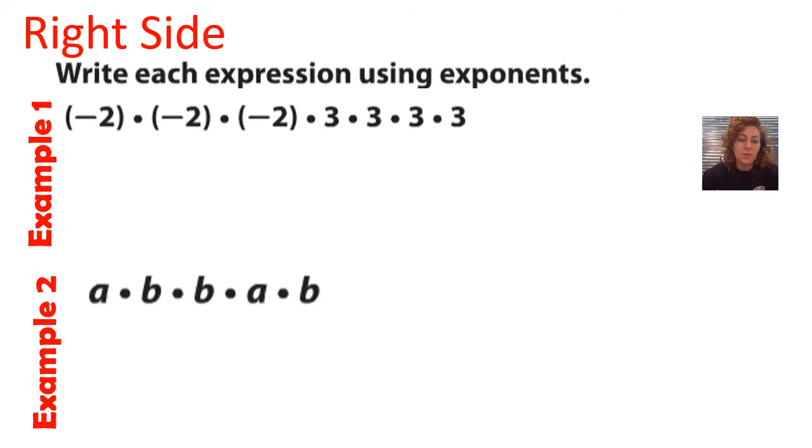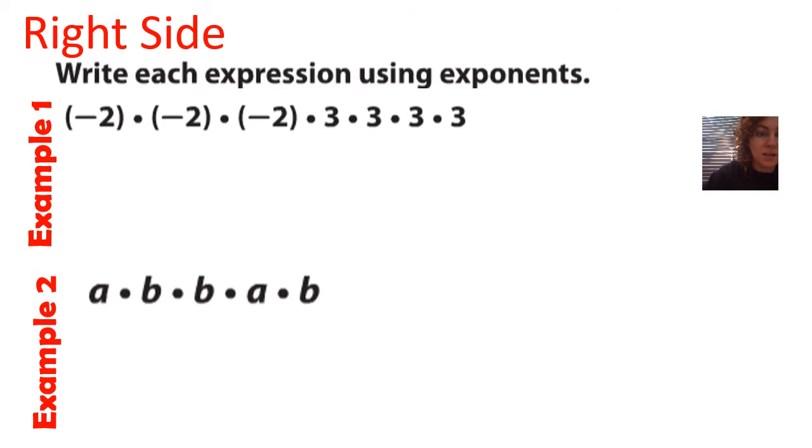All right, so I want to take these two expressions and rewrite them. I don't want to know the answer, I just want to write them using exponents. So -2 times -2 times -2. -2 is repeatedly multiplied 3 times.